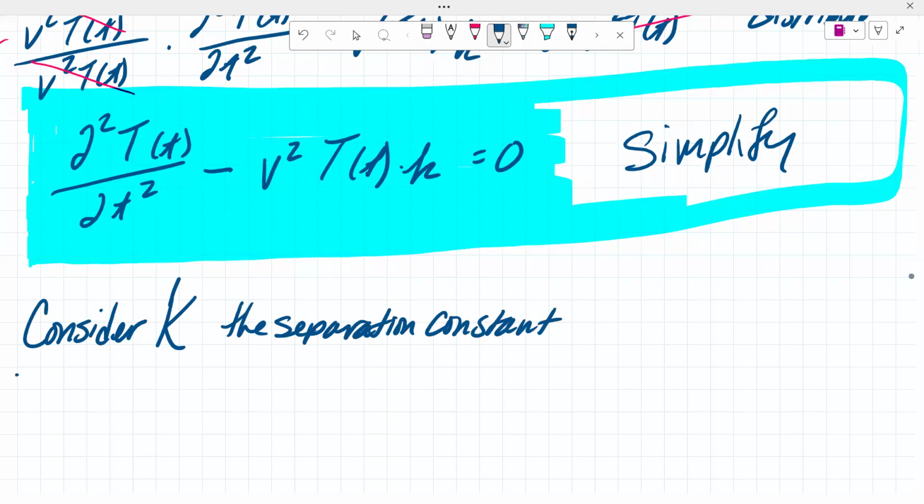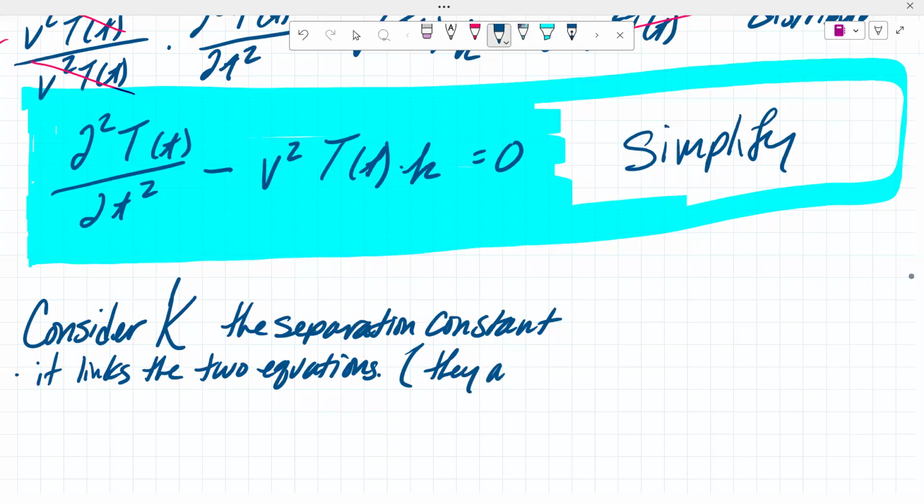It links the two equations. They are mostly separate, at least separate enough to do the derivatives.